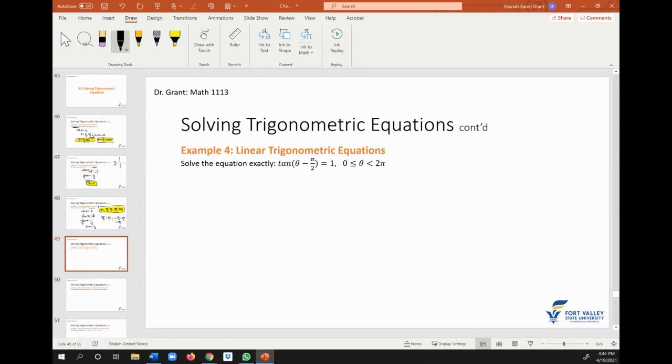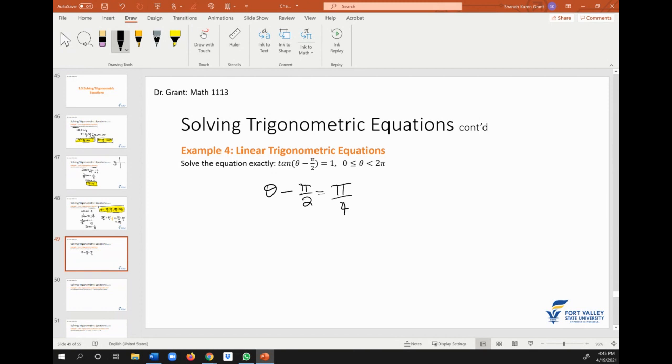Okay, so now in this instance, the first angle that we're going to look at is pi over 4, that 45 degree angle. So that means theta minus pi over 2 must be 45 degrees. Well, we're in radians, so that must be pi over 4.